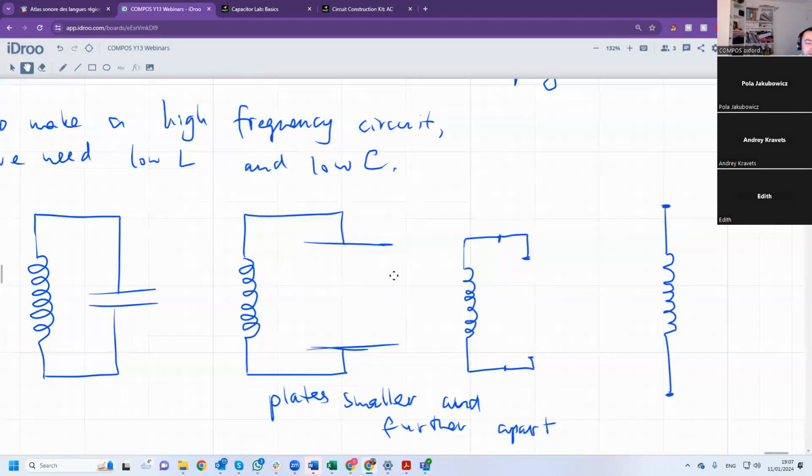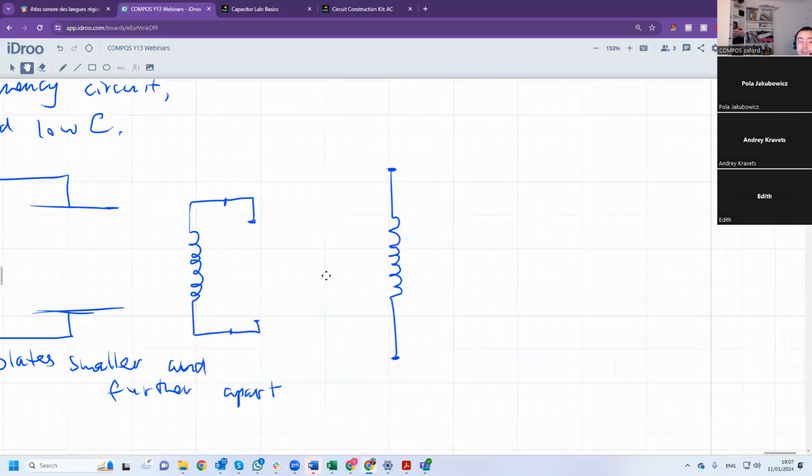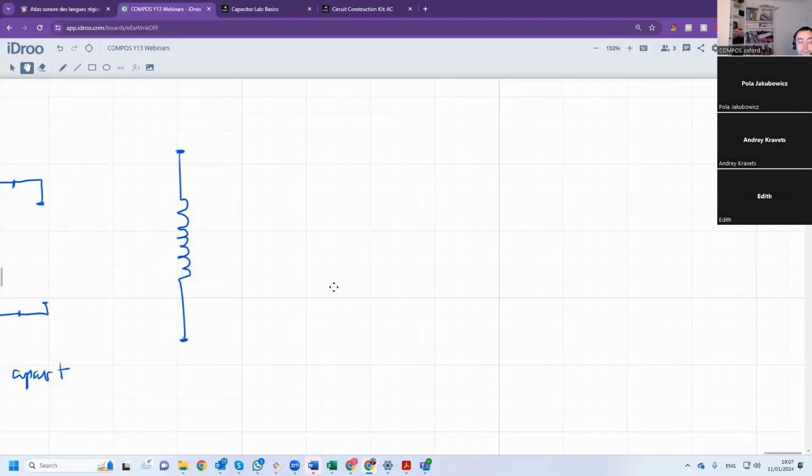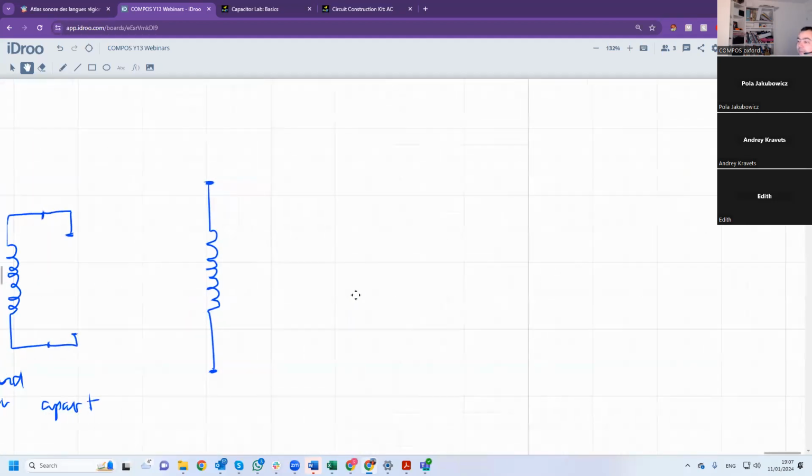How do we reduce the inductance of an inductor? What do you think? What makes an inductor more inductive and less inductive? Remember, fewer coils. So we make fewer coils.